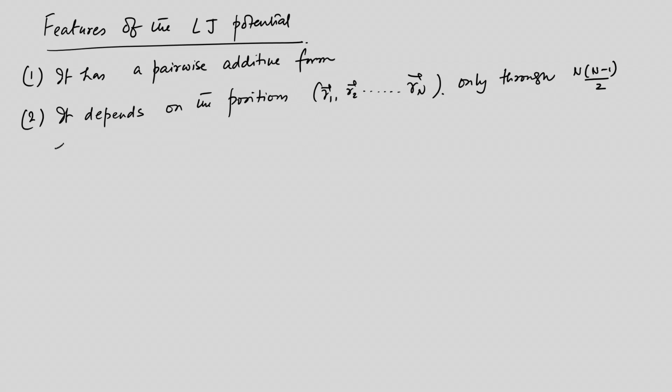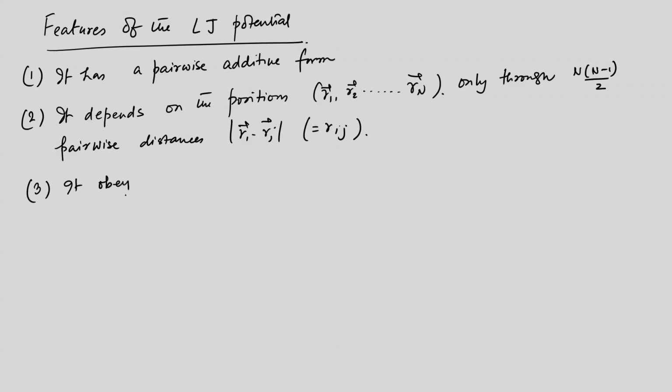So, this is a number of pairwise distances, R_i minus R_j, which is of course equal to R_ij. The sum of n numbers is n into n minus 1 by 2, and so these are n particles. So, this form of the potential depends upon these many number of n into n minus 1 by 2 numbers of pairwise distances.